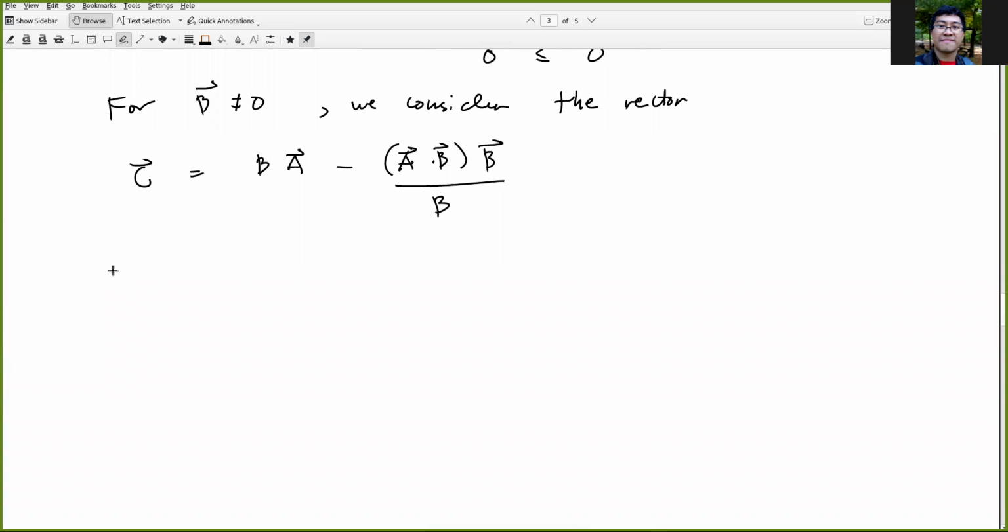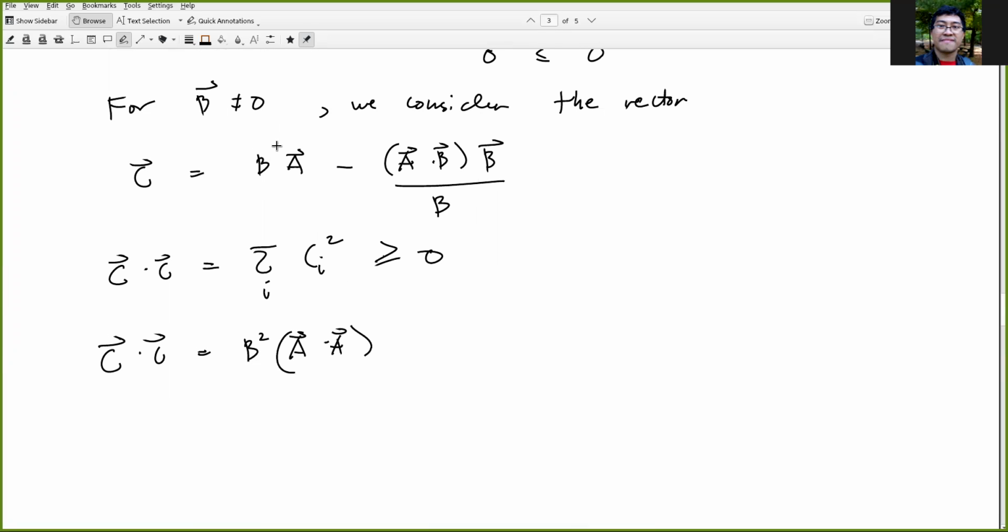So if we take C dot C, that would be just the sum over all i of Ci squared. This is greater than or equal to 0. So C dot C, if you use this, would be B squared times A dot A, this by itself, minus this times this and this times this.